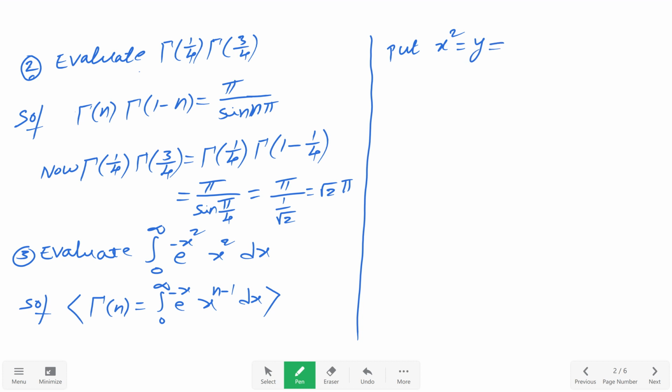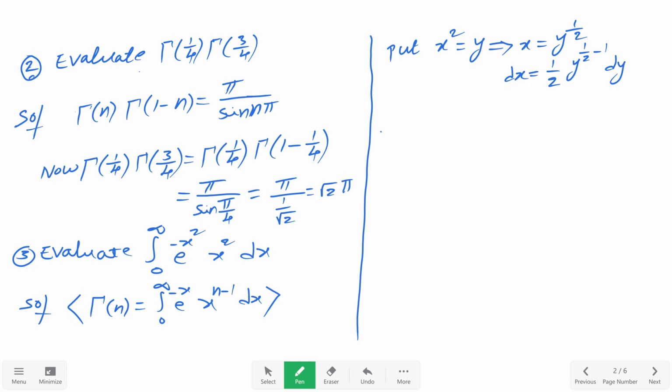Then x is equal to y power 1 by 2. So dx is equal to 1 by 2 into y power 1 by 2 minus 1 into dy. At the same time, we have to check the limits, but the limits cannot be changed. So we get the same limits.